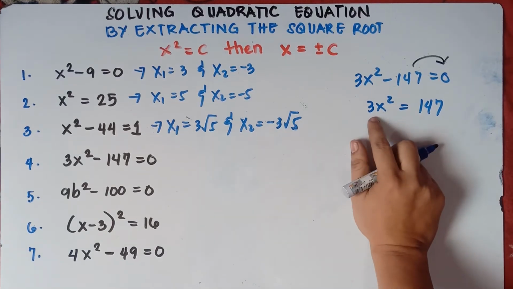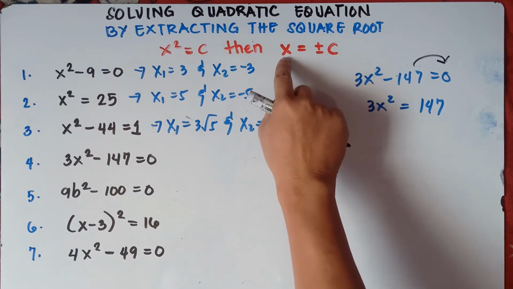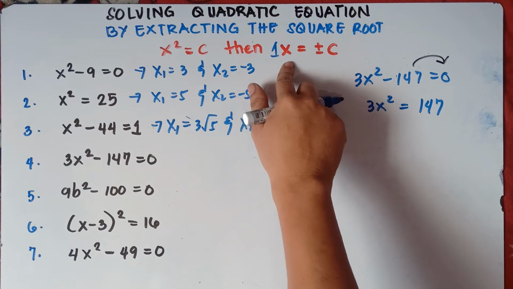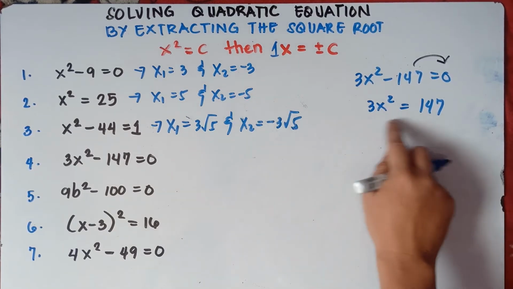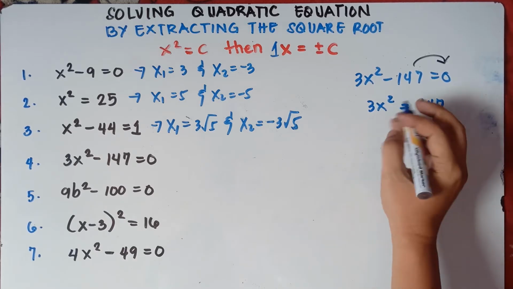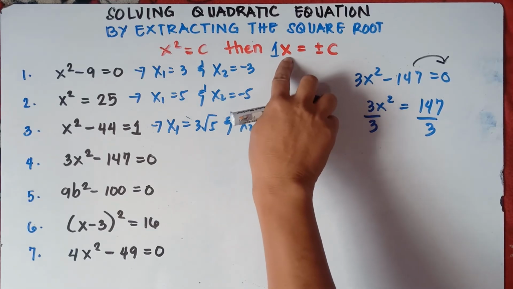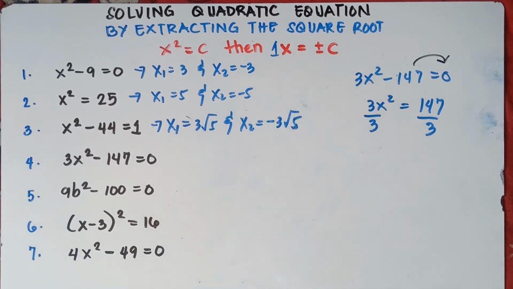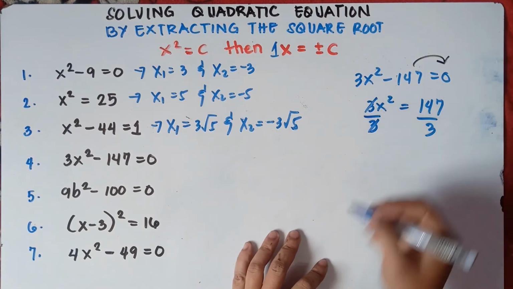Now, once again, class, check the equation: the number before x squared should be 1 for us to get the square root. So the thing that we will do is divide both sides by 3, so that the number before x squared is 1.